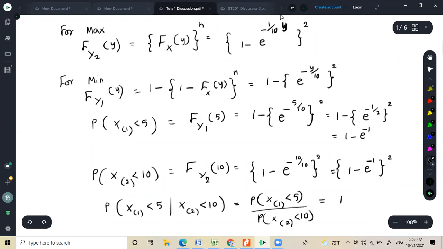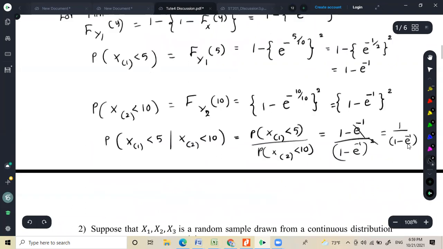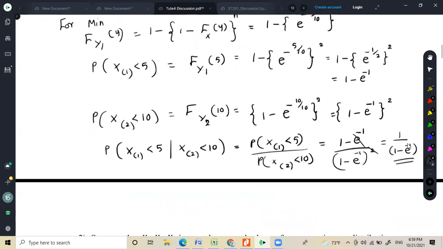At the top we have 1 minus e to the negative 1. At the bottom we have (1 minus e to the negative 1) to the power 2. So one factor will cancel out. The answer is 1 over 1 minus e to the negative 1. If you use a calculator, you can find this number. If you leave it like this, that's also acceptable.